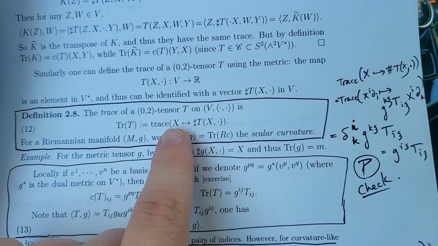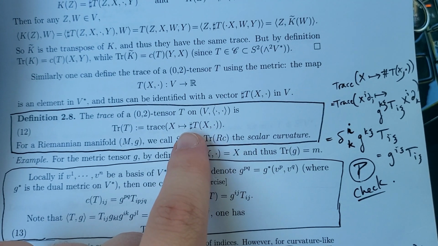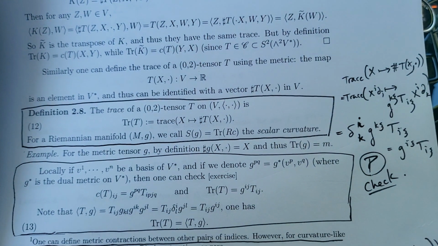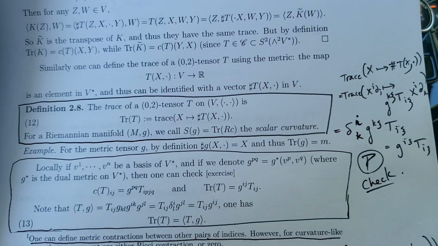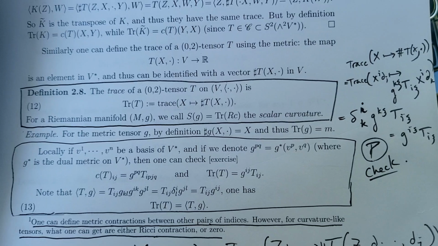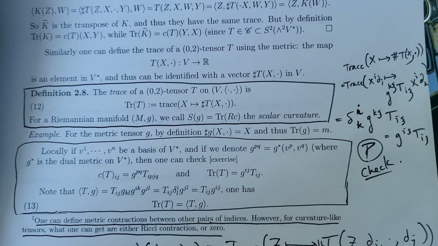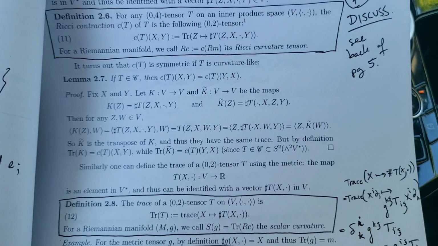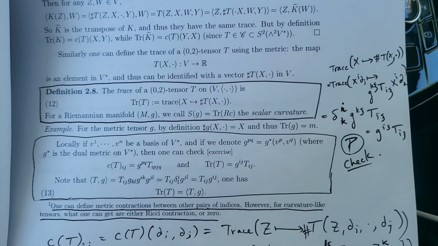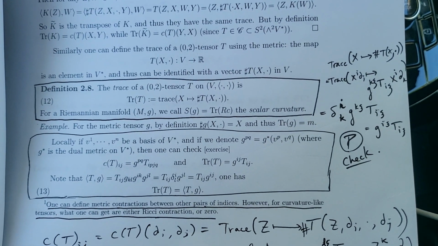Then we take the trace of this linear map the way we've just described, and this gives us the trace of a 0,2 tensor. Now, if we take the trace of the Ricci curvature tensor, we get what's called the scalar curvature of the Riemannian manifold.